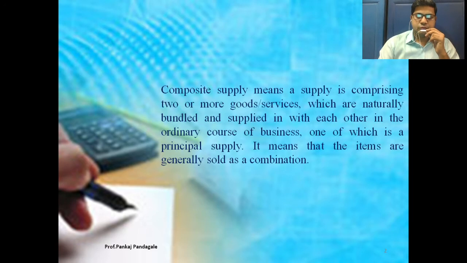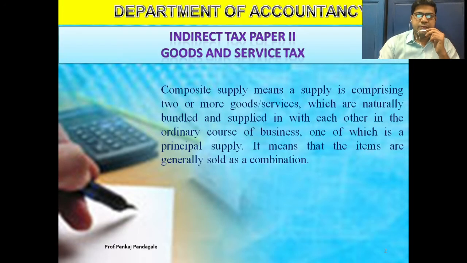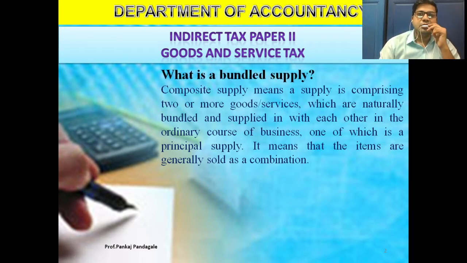Now friends, whenever we talk about a supply comprising two or more goods and services which are naturally bundled and supplied with each other in the ordinary course of business, one of which is a principal supply, it means that the items are generally sold as a combination. It is called a bundle supply.